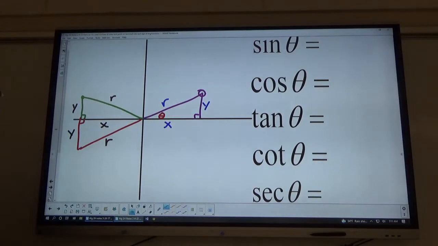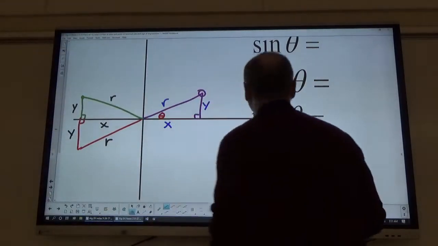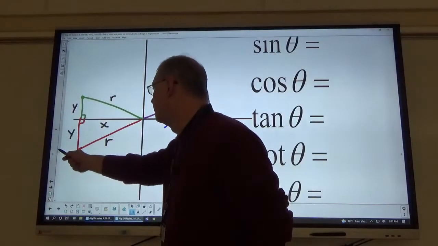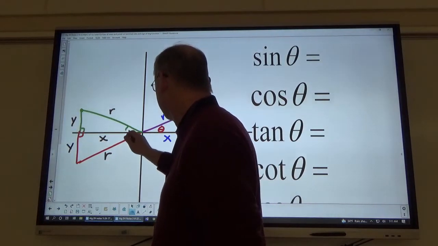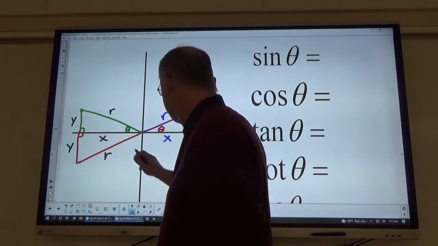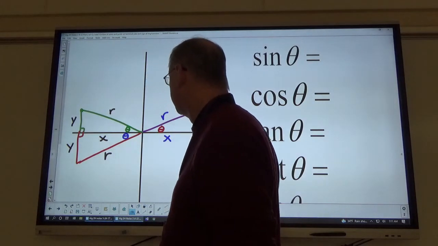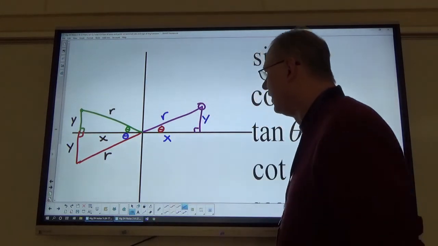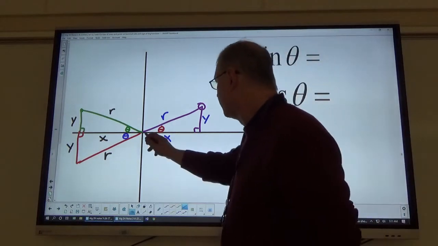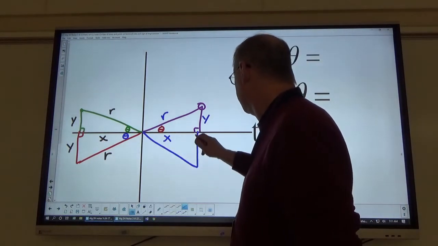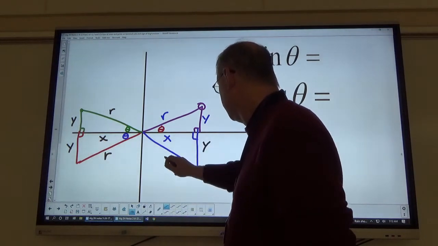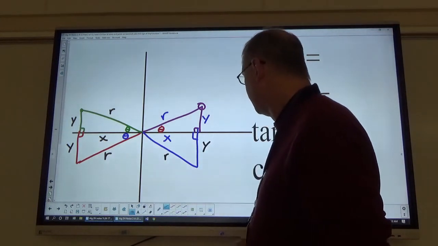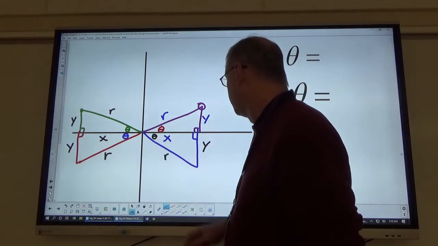So when we think about this, in general, theta, let me keep drawing my theta in. Theta is here for this one. Theta is here for this one. Notice in all of these, including if I drew this one out here, you've got your x, your y, and your r. In all of these, theta is here.